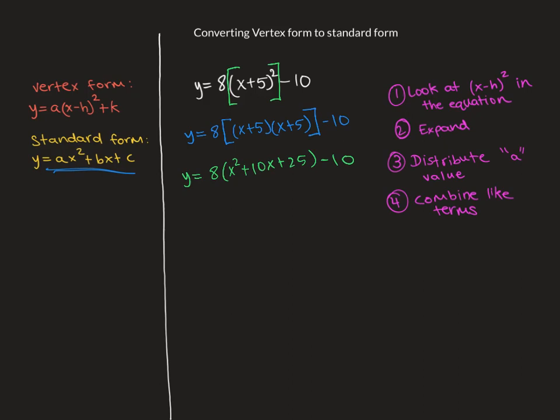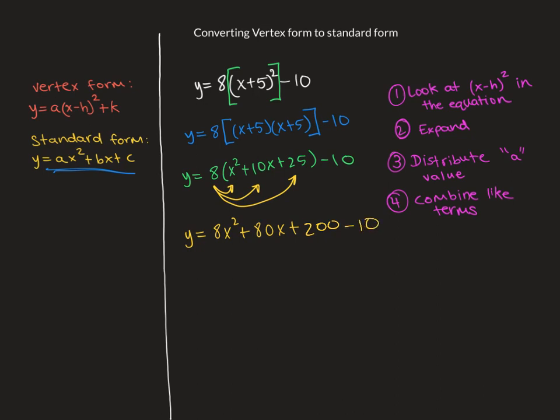And then we can go ahead and just distribute our a value, so that 8 would distribute to the x squared, 10x, and the 25. So our new equation would become y is equal to 8x squared plus 80x plus 200, and this finally minus 10.